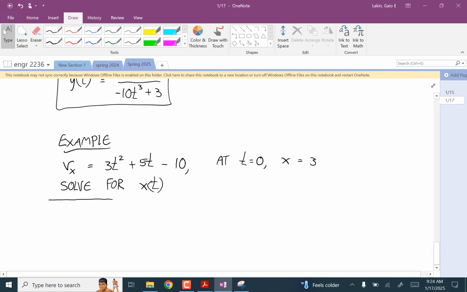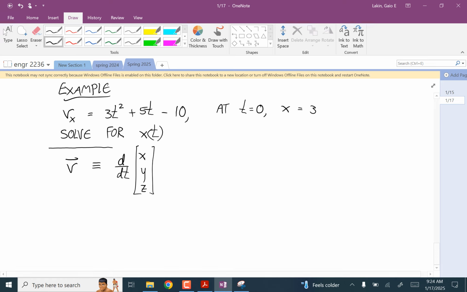Well, what we know is that the velocity is defined as the total derivative of the position. I'll write that as x, y, z. And so we know that the x component of the velocity is dx dt. Okay, you can think of that also as a definition.